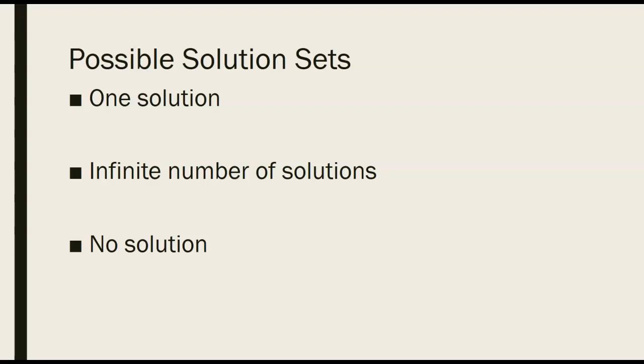All right, so we have the one solution case, the infinite number of solutions case, and then lastly, there is a situation where there are absolutely no solutions. Again, in the two-dimensional case, this is the existence of parallel lines, but you can have no solutions in lots of other ways when you get into 3 and 4 and 5 dimensions. So again, think parallel lines in 2 dimensions. Hopefully that all makes sense.